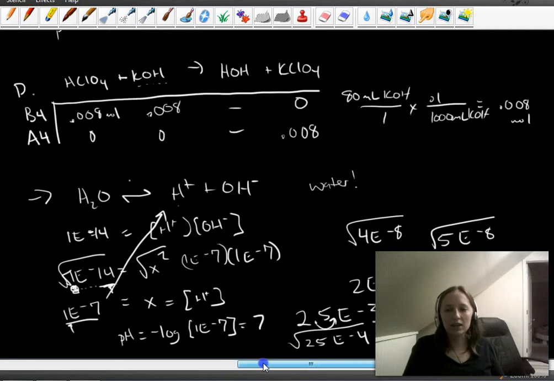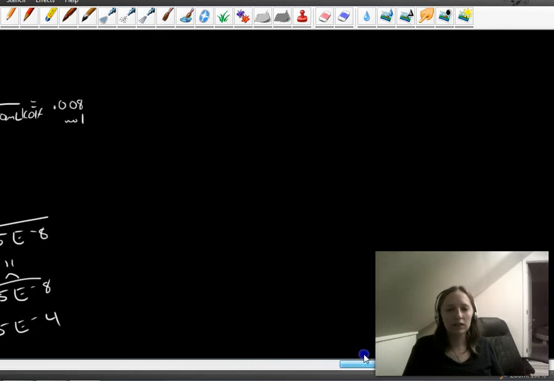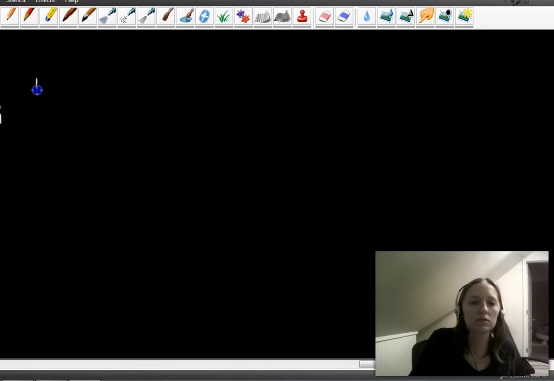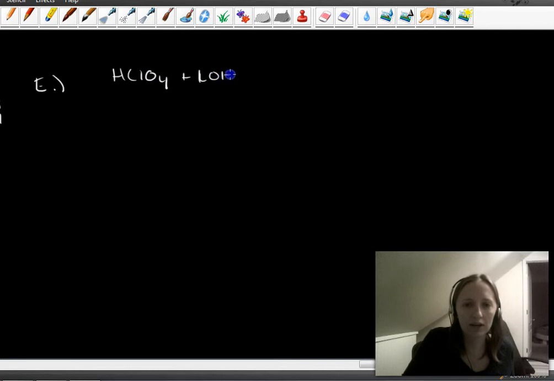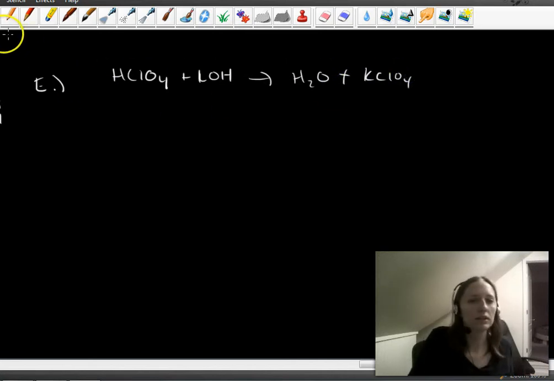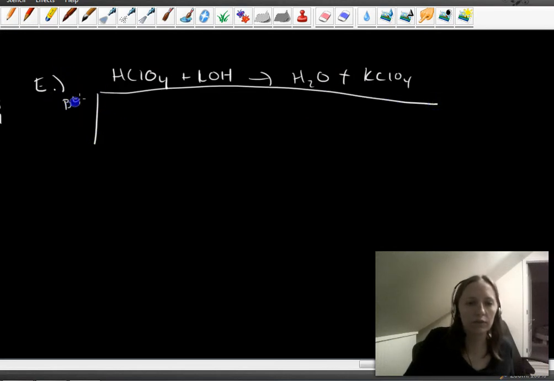Now let's do E. Is E rough? E is backwards. Because look at what happens with E. You end up with HClO4 and KOH, which yields H2O and KClO4. Before and after, that's still 0.008 moles.